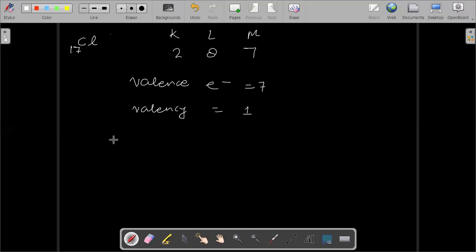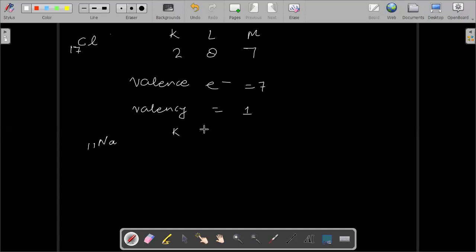Similarly, let's do sodium. Sodium has atomic number 11. Find out its valence electron and valency. Sir, valence electron is 1, sorry, 1.